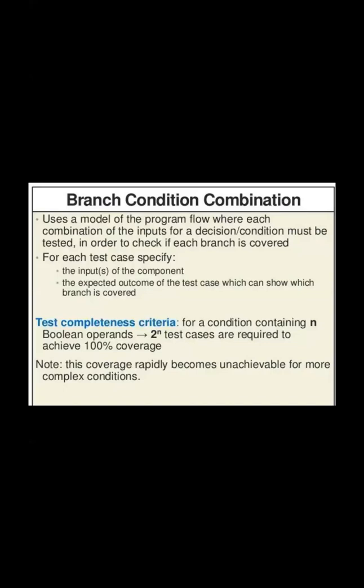In the same way, we have branch condition combination. There is a branching statement as well as a conditional statement. Based on the condition, we need to branch from one statement to another. Those kinds of statements can be checked using the inputs of the component and the expected outcomes of the test case, which show which branch is covered. If you have n Boolean operands, 2 power n test cases are required to achieve 100% coverage.